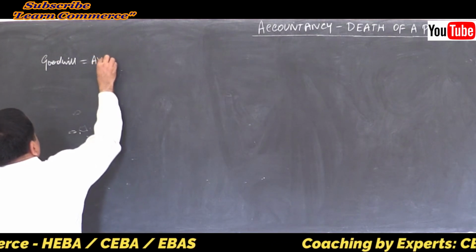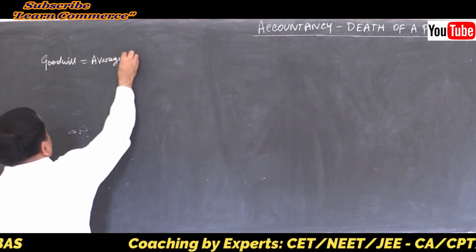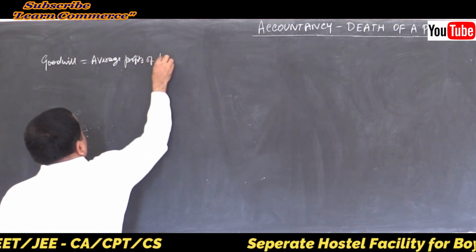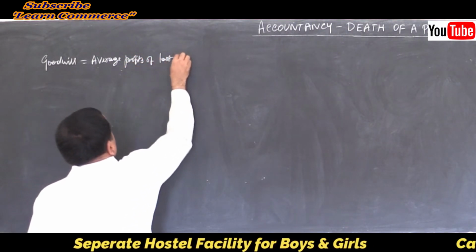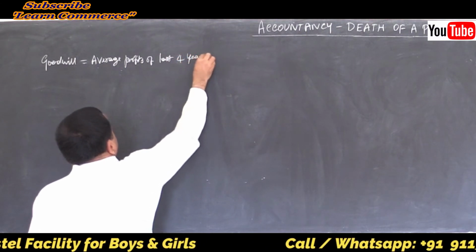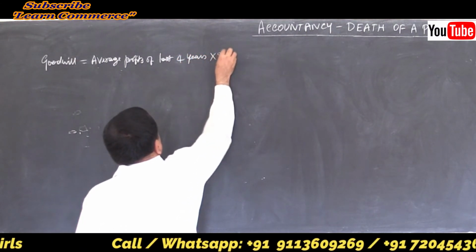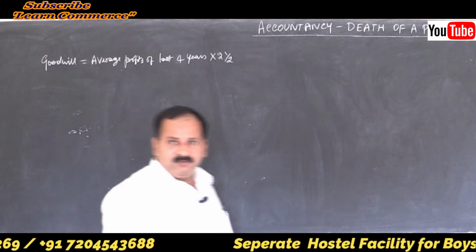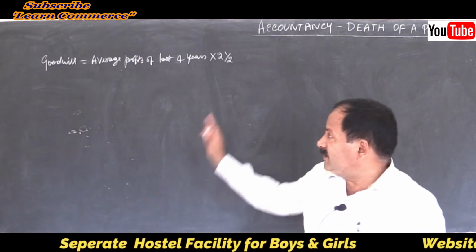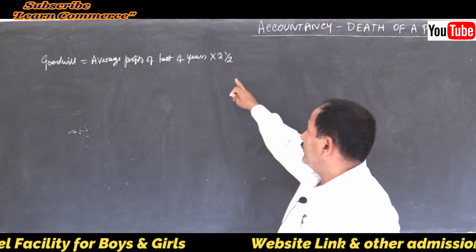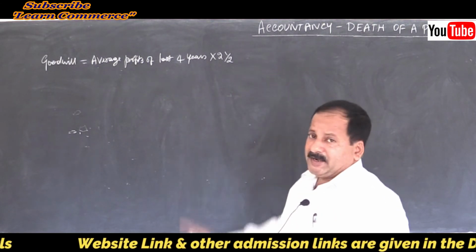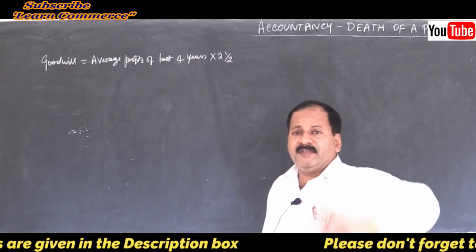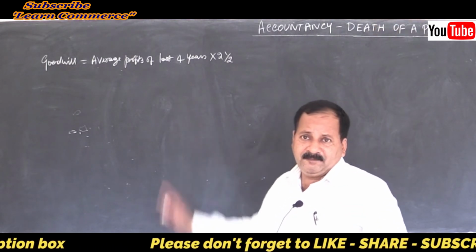Goodwill is equal to average profits of last 4 years into 2.5. Correct? Whatever the instructions given in the problem, same thing I wrote. Average profits of last 4 years you have to take and you have to multiply it by 2.5. They told 2.5 years average profits of the last 4 years, meaning is same.